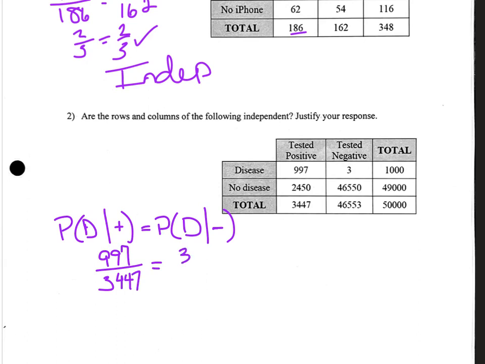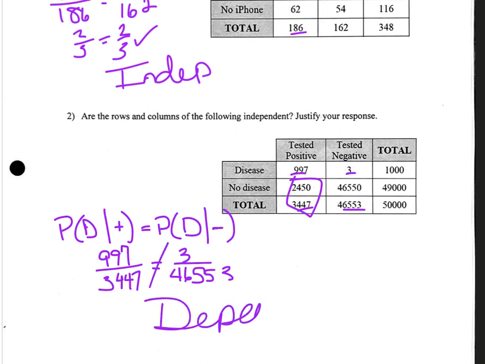Remember it's this one over this one, and this one over this one. I like doing it this way because the fractions are written for me. If it's not obvious to you, you can put this in your calculator, but these are dependent, or not independent.